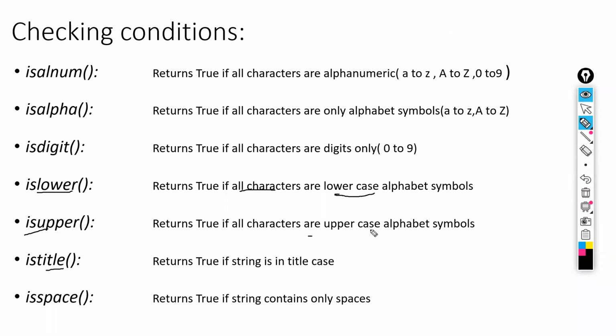For example, if I say "case alphabet" and apply title, K becomes capital K and the rest are small, and small a becomes capital A, alphabet. This is like sentence case, right? And isspace: does it contain any spaces? When we apply these, we'll understand all these things. These are the checking conditions.